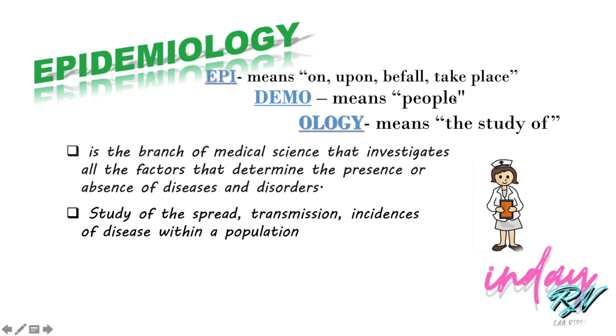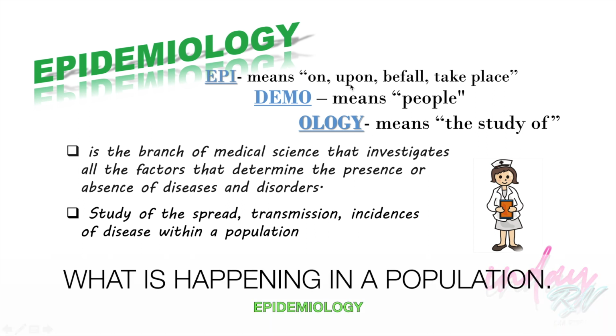So epidemiology is three Greek words: epi, demo, ology. It is literally defined as the study of that which befalls people. Since we are speaking about people, we are actually talking about the population, so we can see what is really happening in a certain population.